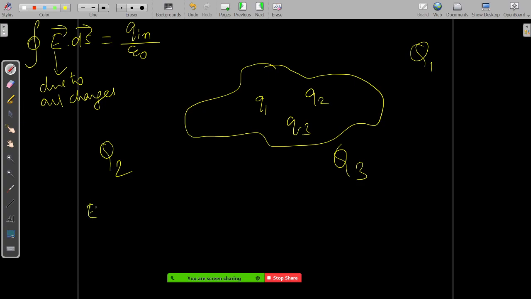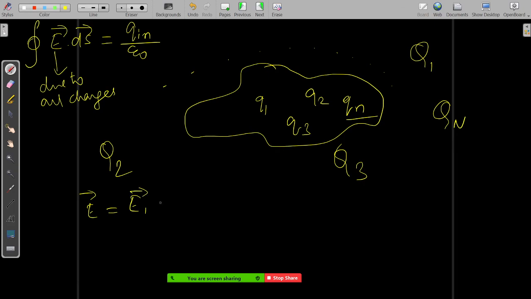So if you want to find the total electric field, let's say there are some n charges here, and let's say these are capital N numbers. There are q1, q2, up to qn, and small q1 and small q2 going up to small n. So the total electric field will be the vector sum of these particular charges.